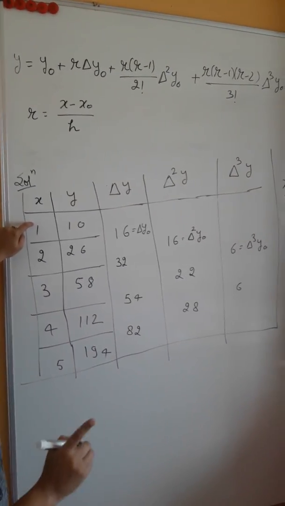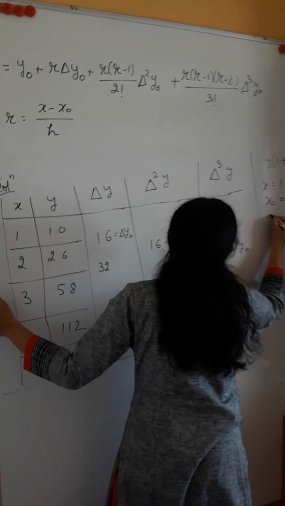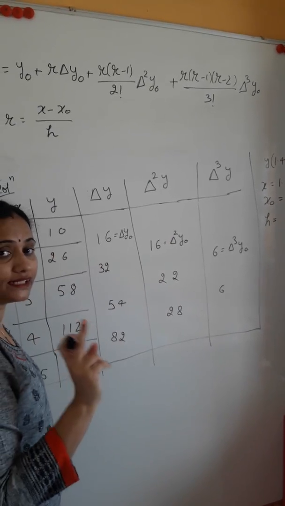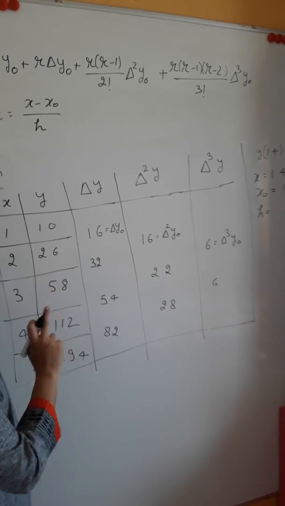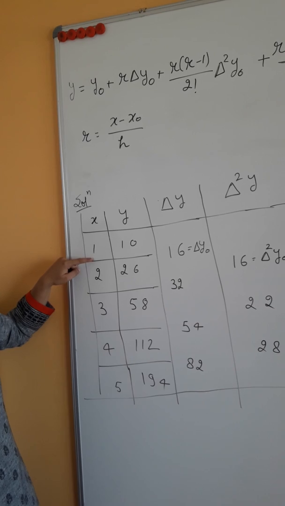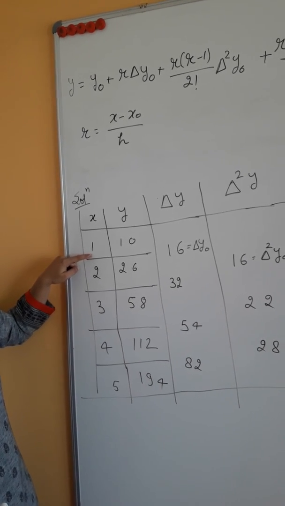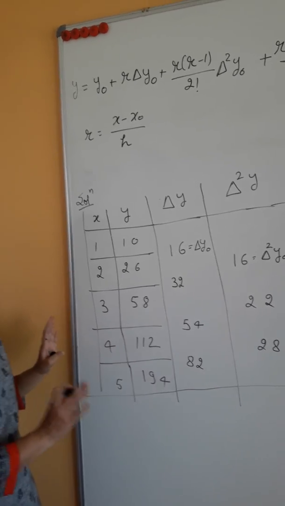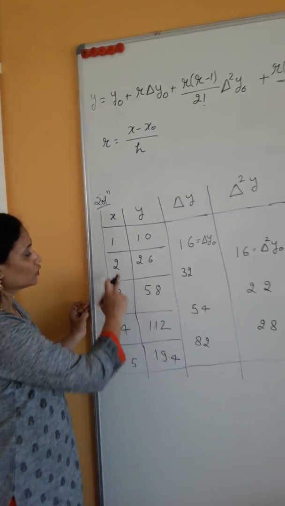What is h? h is the step length. Now as I told you, this formula is for equidistant intervals only, so you can verify here that everywhere this difference is 1, 1, 3 minus 2, 1, 1, 1. So that is the meaning of equidistant interval. So what is h?